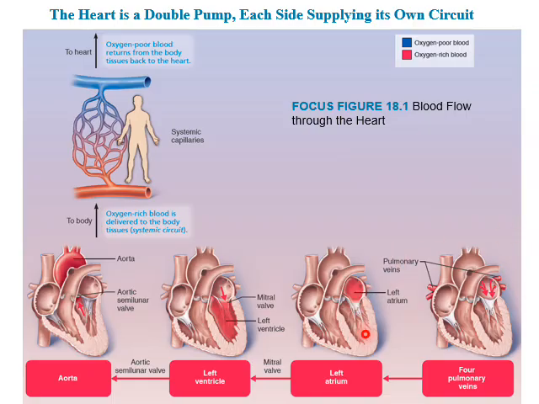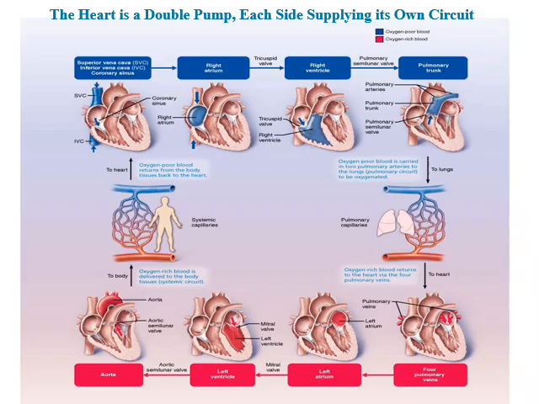From the left atrium, it goes into the left ventricle. From the left ventricle, once it contracts, it's going to be delivered to the aorta, to the different parts of the body. And this is the entire view of the double pump.